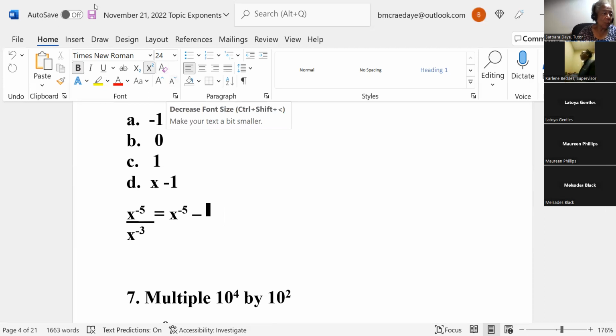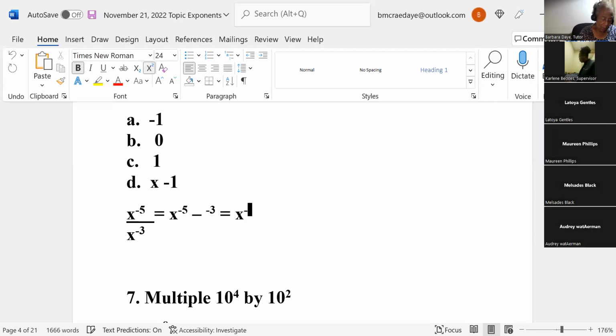So let me just put a minus 3 here. Okay, minus 3. What is that equal to? Minus 2. Minus 5 minus a minus 3 is a plus 3, so that'll be x to the minus 2. Okay, so x to the minus 2. So let's put that there. Okay, so that's the first division.